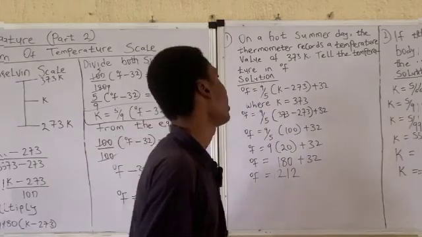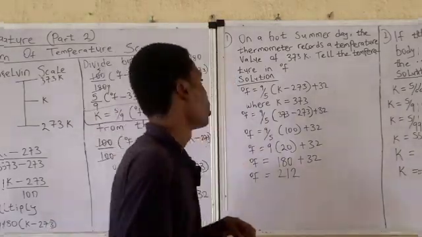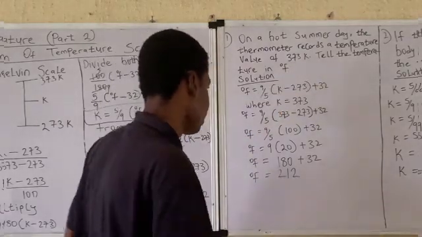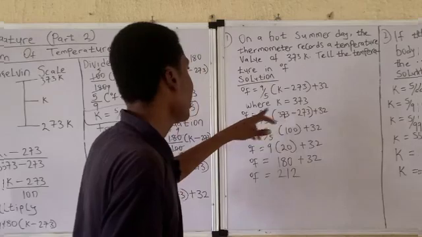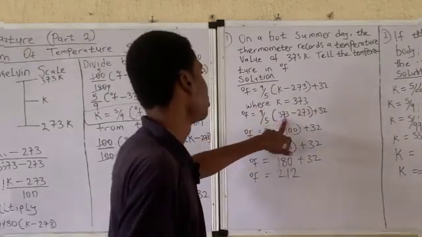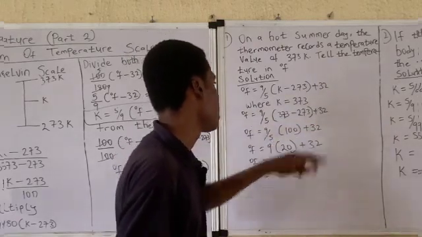This is the formula we derived from our interconversion that we are going to use. So what's our Kelvin? Our Kelvin is 373. So Fahrenheit equals 9 over 5, then our K, 373 minus 273, then plus our 32.